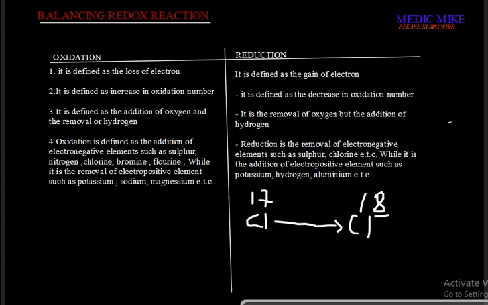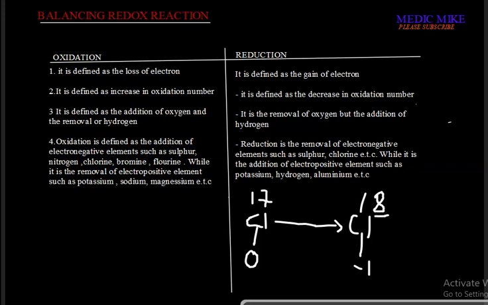So it is clear that number 1, which is reduction is defined as the gain of electron, has been satisfied in this reduction reaction, and also it is defined as a decrease in oxidation number. Remember, we have been saying that for a neutral atom, the oxidation number here will be 0, while here the oxidation number of this ion will be -1.